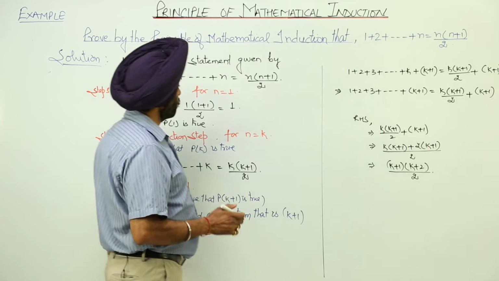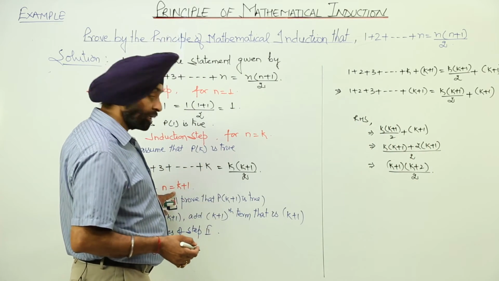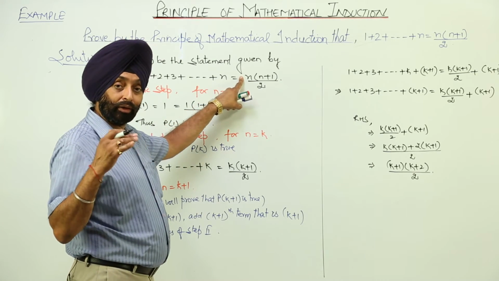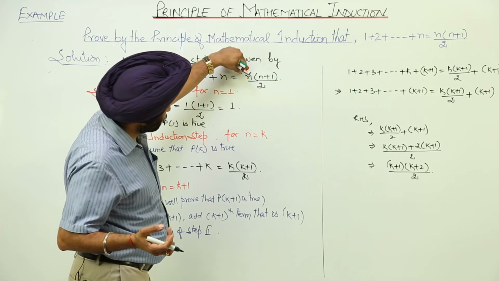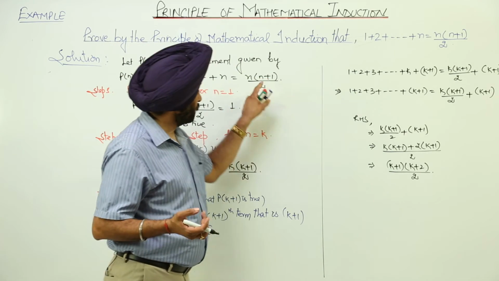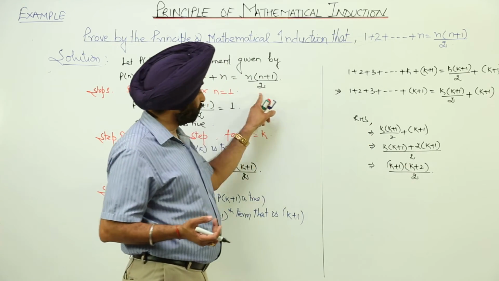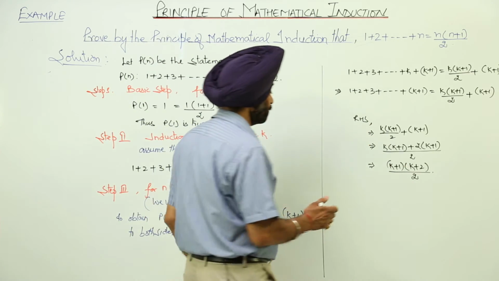Now, just look here, our third step was n is equal to k plus 1, so in place of n, if I am putting k plus 1, then this n is k plus 1 and this is k plus 1 plus 1, that is k plus 2 upon 2. Okay?